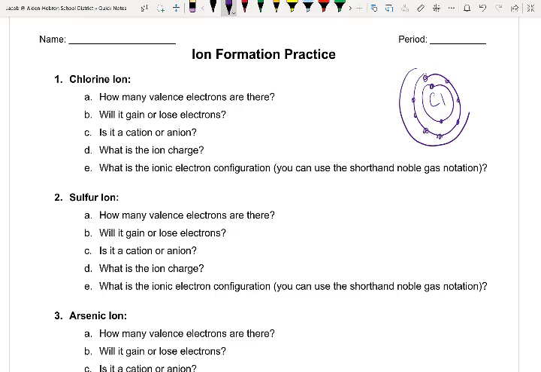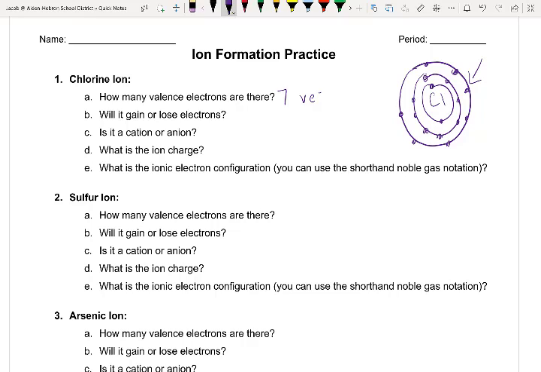And that last circle is going to have that remaining 7. So again, looking at the valence electrons, which is this outermost shell, you will have 7 valence electrons.